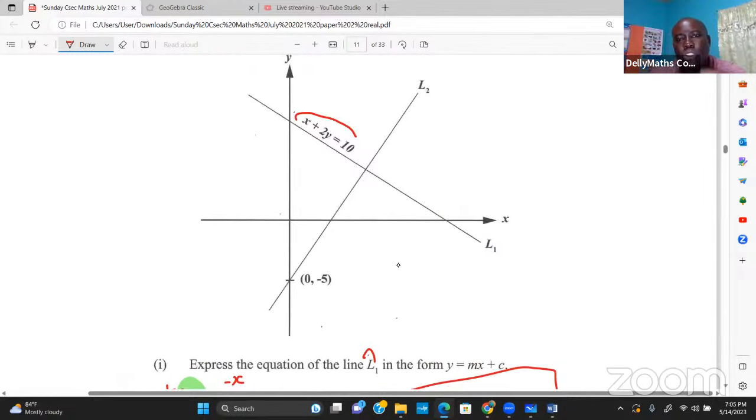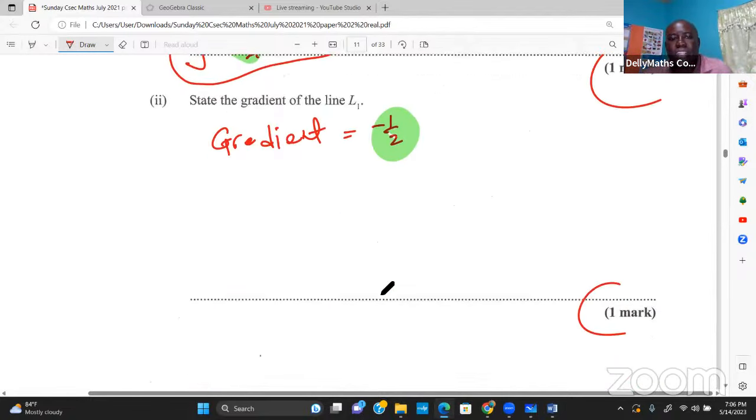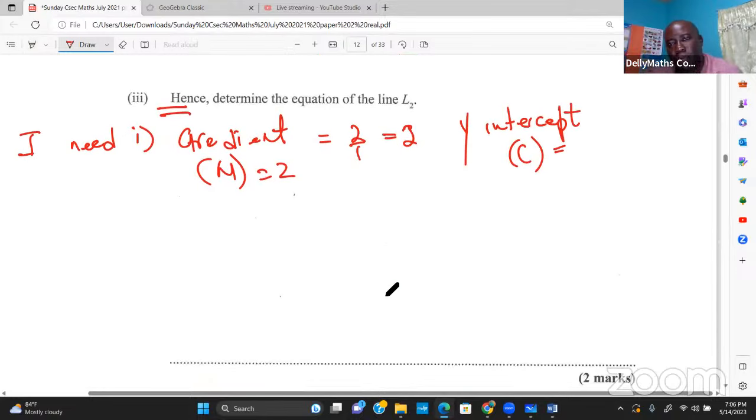Look, line 2, I'll highlight it for you. Line 2, it did cross the y-axis right here, where -5 is, this number here is -5, right there. So -5 is that value. That is my y-intercept right here.